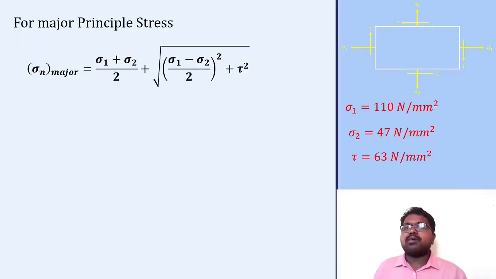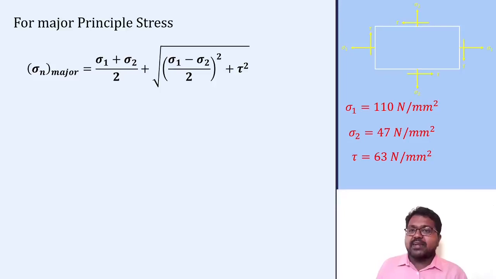First I am going with the magnitude of the principal stresses. We have the major principal stress and the minor principal stress. For the major principal stress, sigma n major, we get it by using the formula (sigma 1 plus sigma 2) by 2 plus under the root of ((sigma 1 minus sigma 2) by 2) whole square plus tau square.